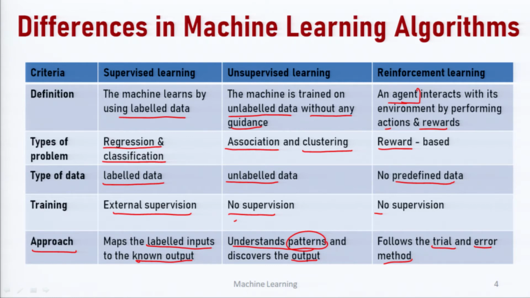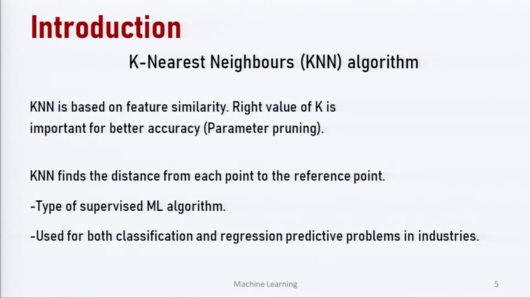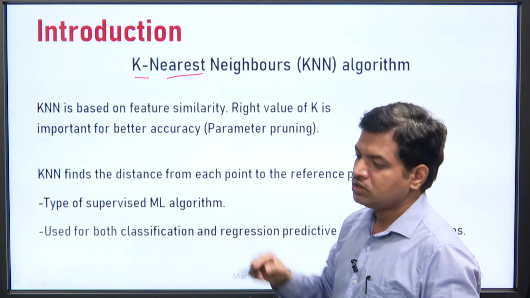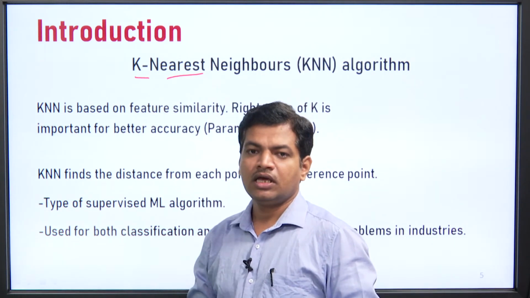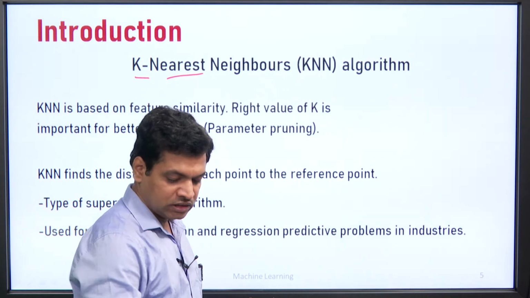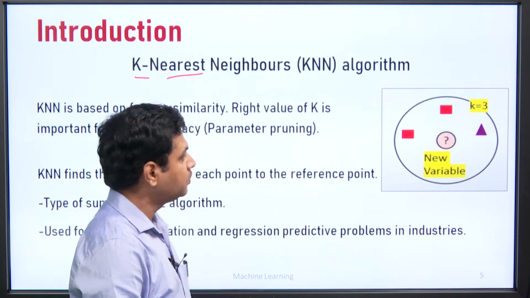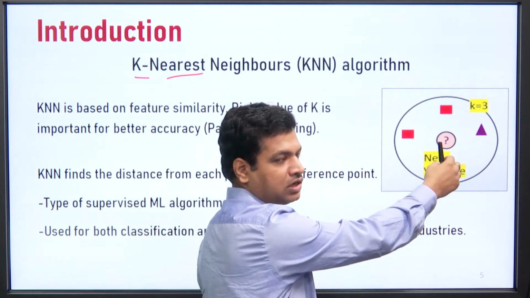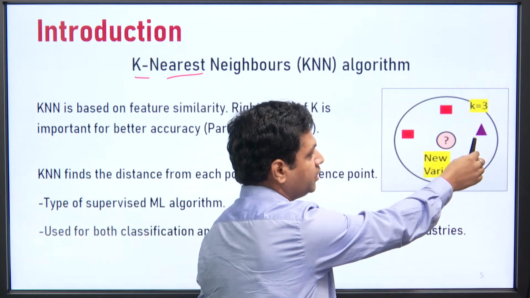Okay, so let us move ahead with our KNN algorithm, which is a supervised machine learning algorithm. Here k holds an integer value, the number of nearest neighbors. Let us see with an example. In this we see that within the circle there are two shapes available, square and triangle.